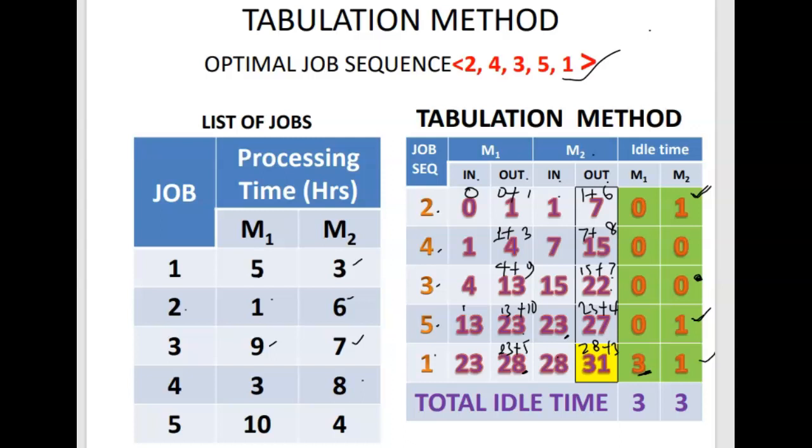That means you have to wait for 1 hour to get the job. Here also, after you have finished on the 27th hour, the next job to be done, which is job 1, you have to wait for the first personnel working on it to finish on the 28th hour. You cannot take the job on your own because you have to wait. It has to be passed on to you. The job was passed on to you on the 28th hour.